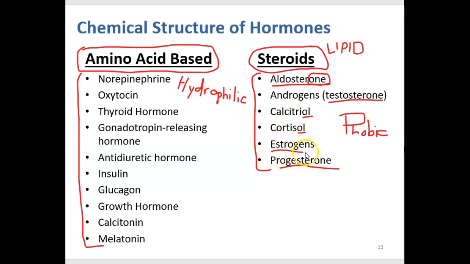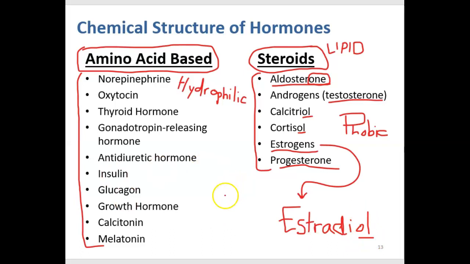Now estrogen is the one that doesn't fit, but really estrogen is a composite of many different molecules, the predominant one being estradiol. And so now the nomenclature thing works. So estradiol has an OL at the end. That's really the active part of estrogens.